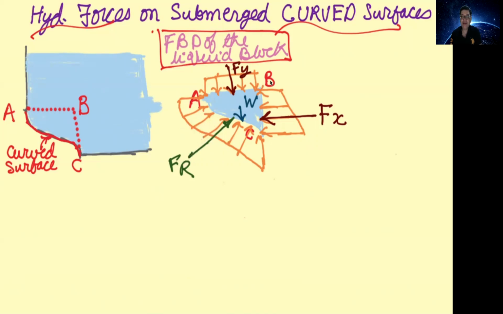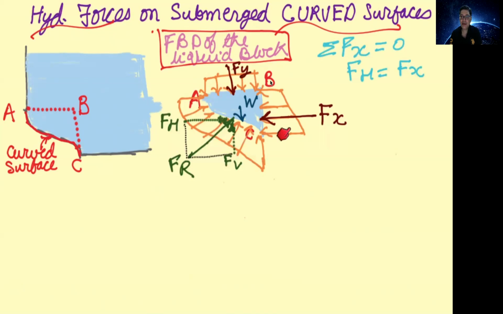Now this Fr, when inclined, we consider its horizontal and vertical components. The horizontal component is denoted as Fh, the vertical component is denoted as Fv, and when you do sigma Fx equals 0, then we get Fh equals Fx.